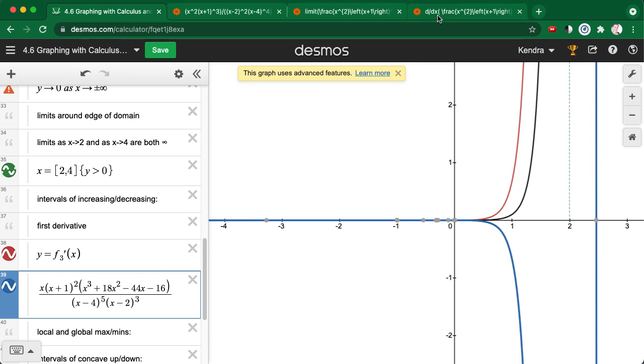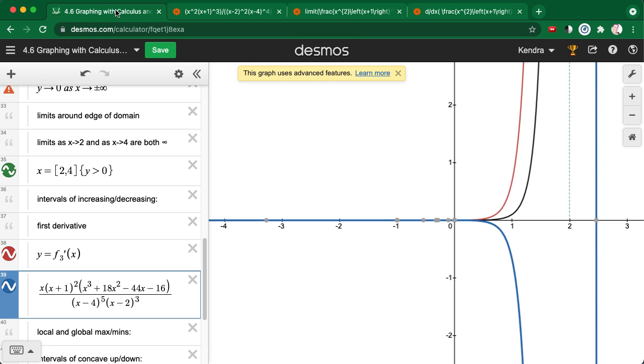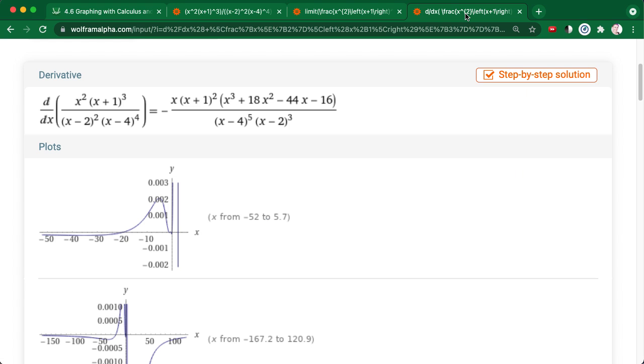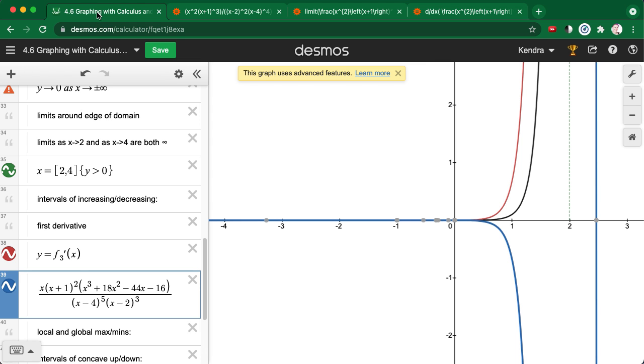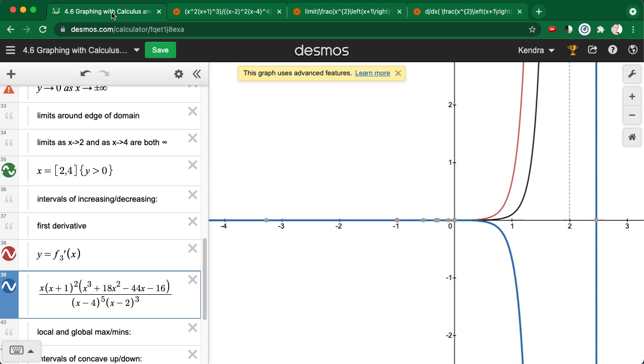So what did I write wrong? x times (x plus 1) squared, (x minus 4) to the fifth, (x minus 2) to the third, x cubed plus 18x. Ah, it's negative. There's a negative sign there.